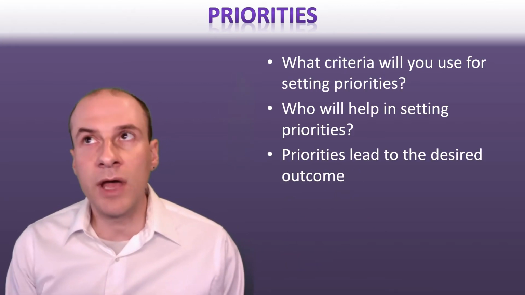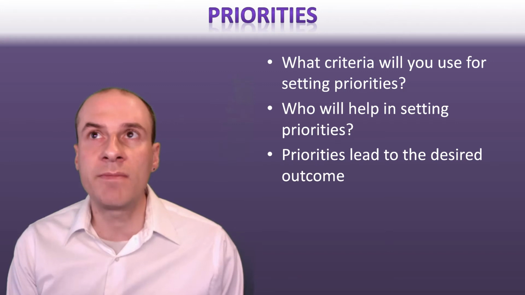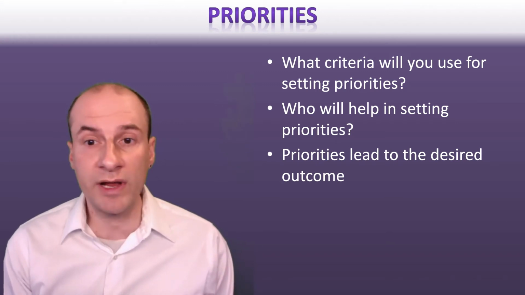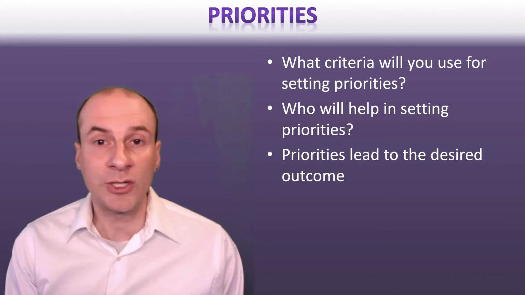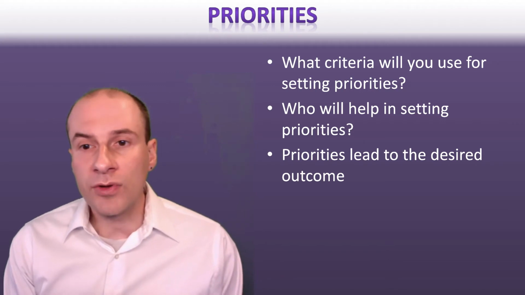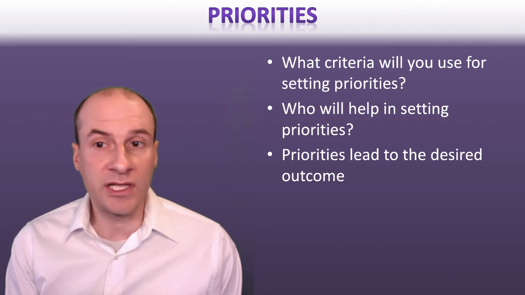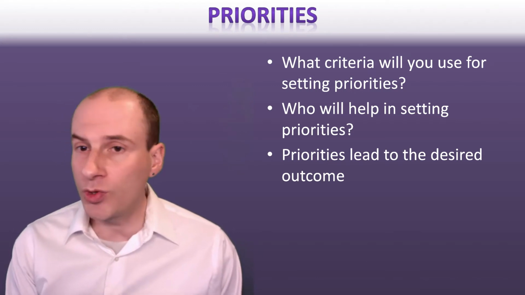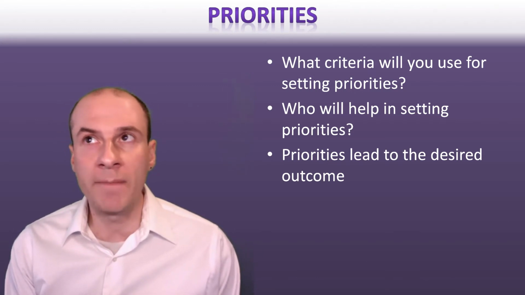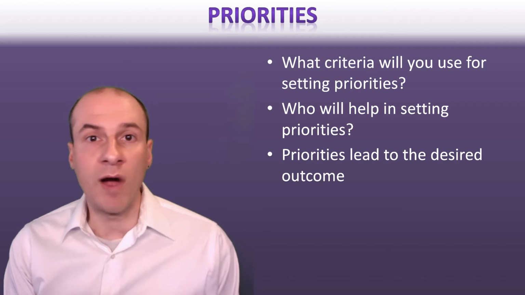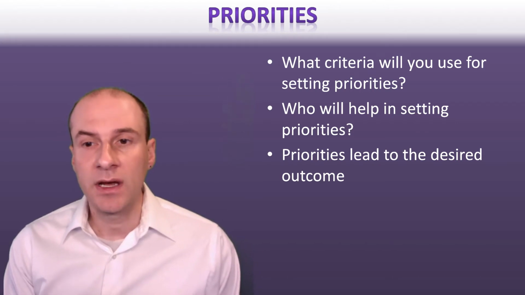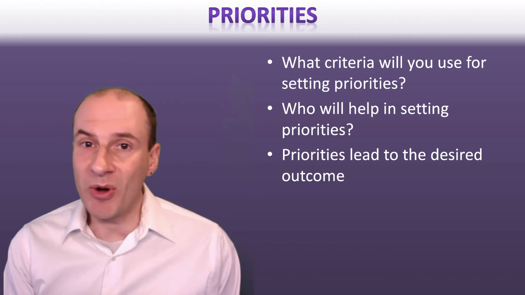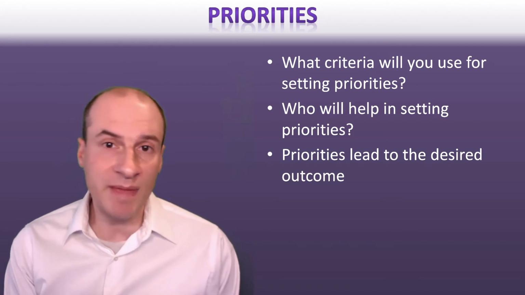As you do this in the context of creating a program, in actual implementation, you'll have to figure out how you'll determine what the priorities are. Are you going to be voting on them? What makes a priority rise to the top of your list? You also need to think about who your stakeholders will be who actually make those priorities.